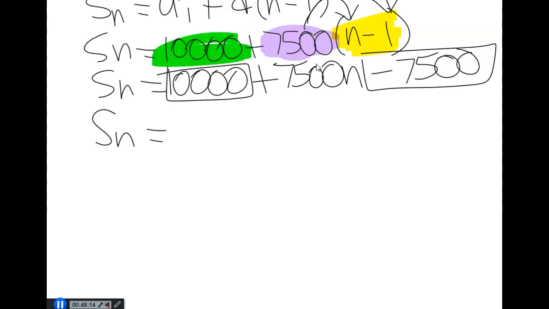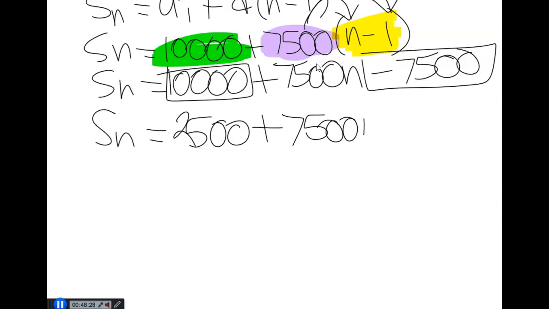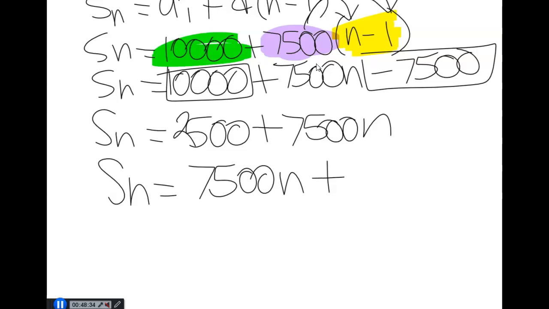So in this case, it will be 10,000 minus 7,500, and that is equal to 2,500, or 2,500 plus 7,500, and of course I can reverse the order. 7,500 times n plus 2,500.